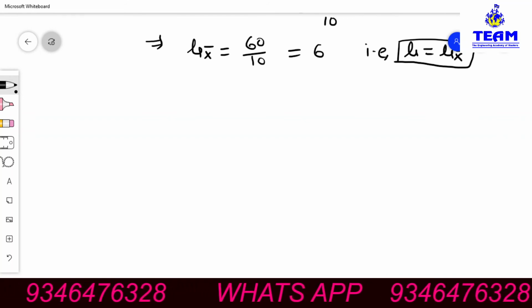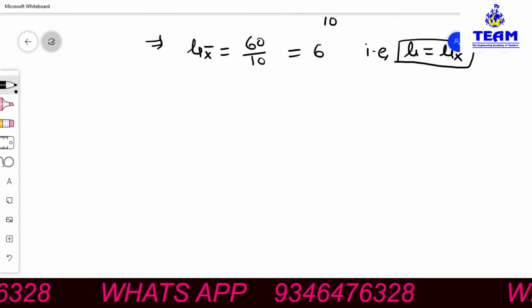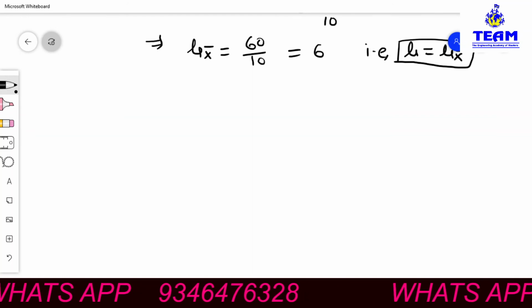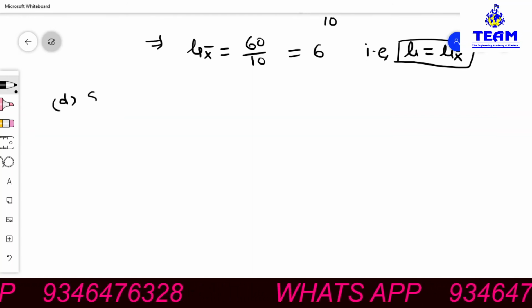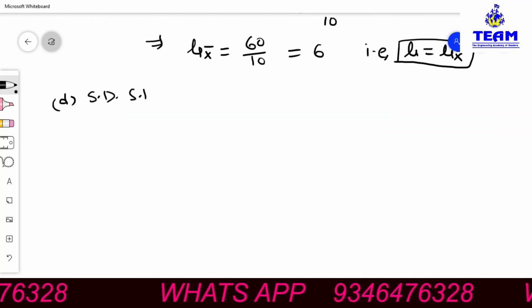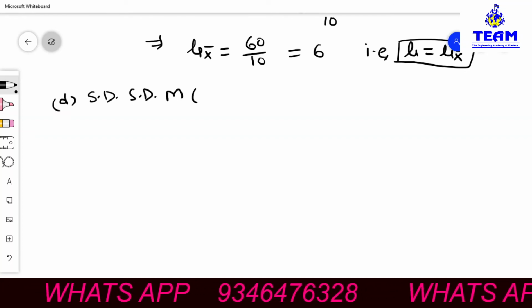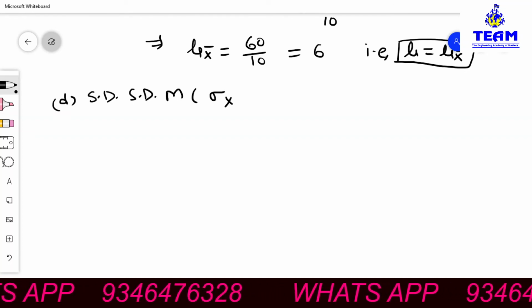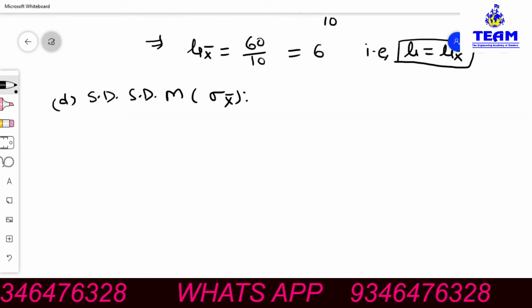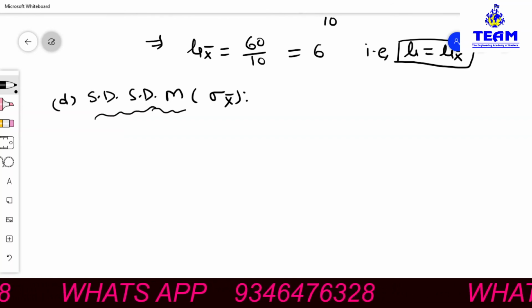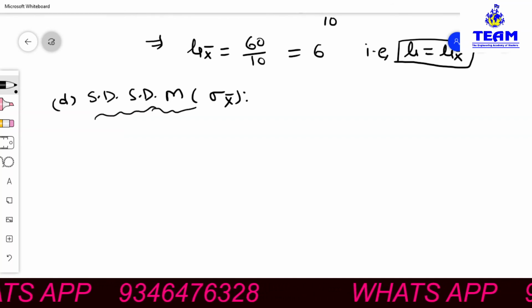Now I would like to find SDM, which means sigma x bar, which can be calculated from the variance definition.